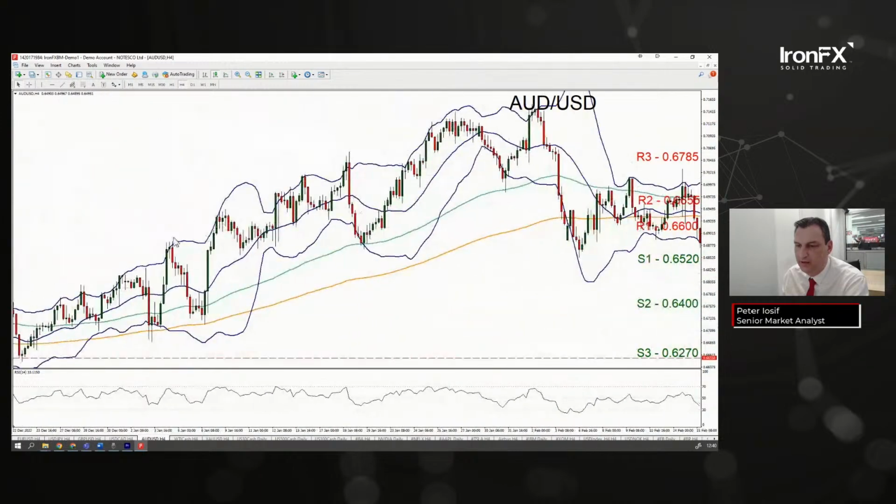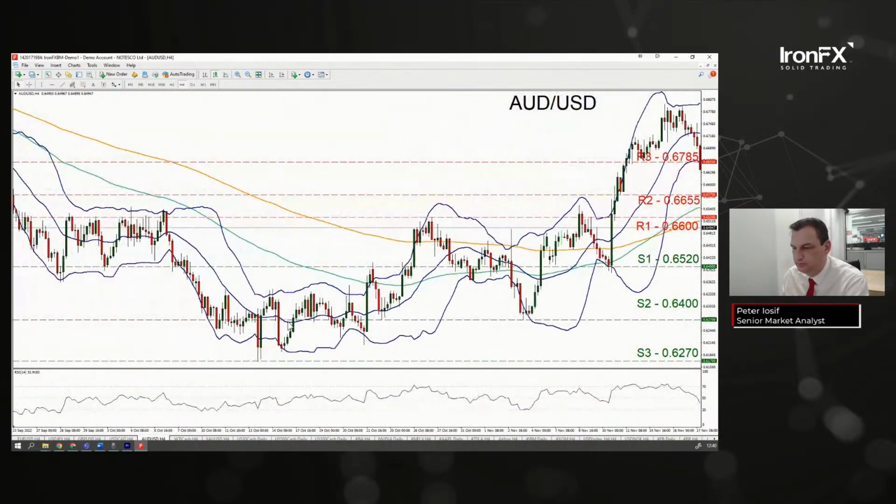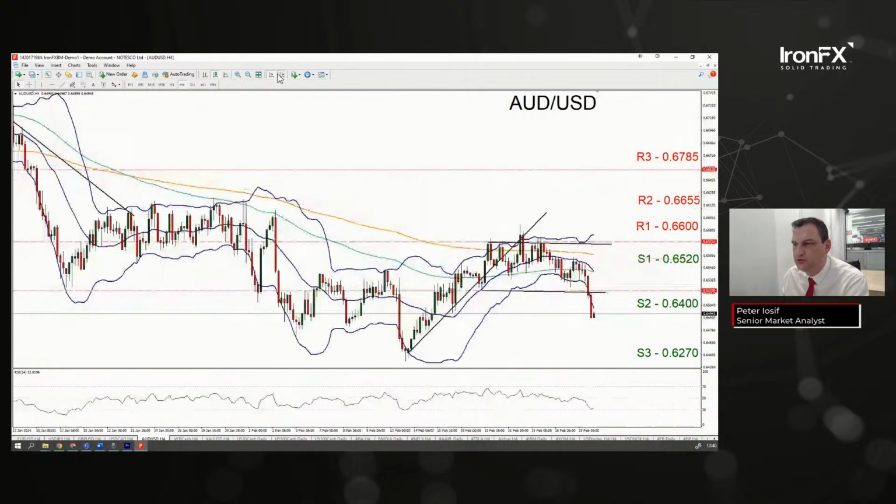Going way back. There we are. We have a nice support at 0.6170. And I'm keeping it. Let's readjust the chart.